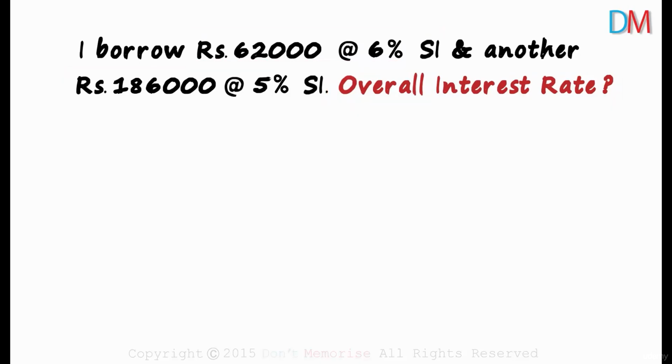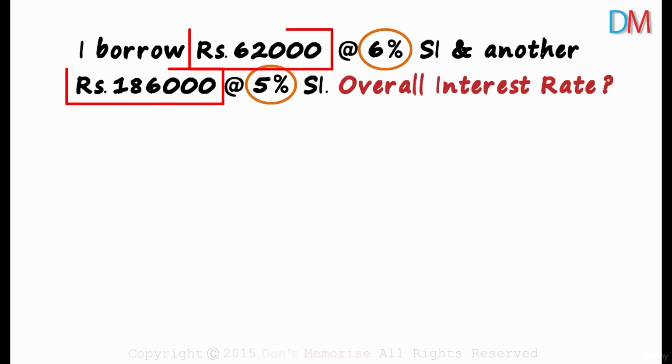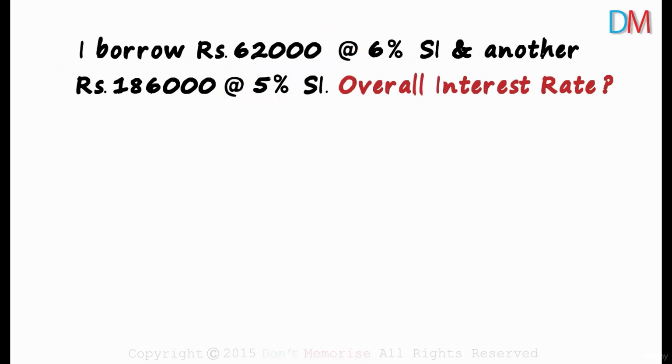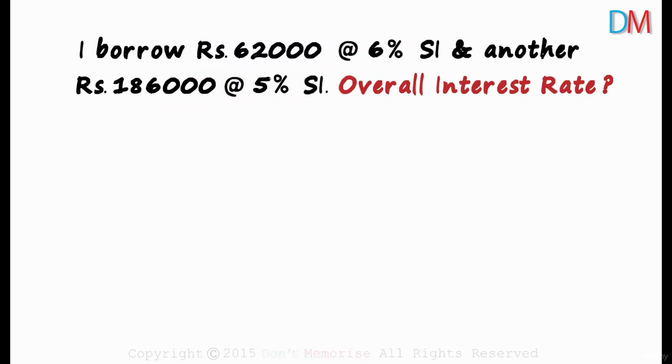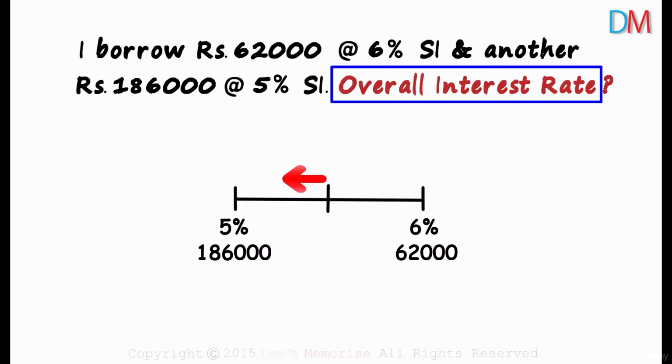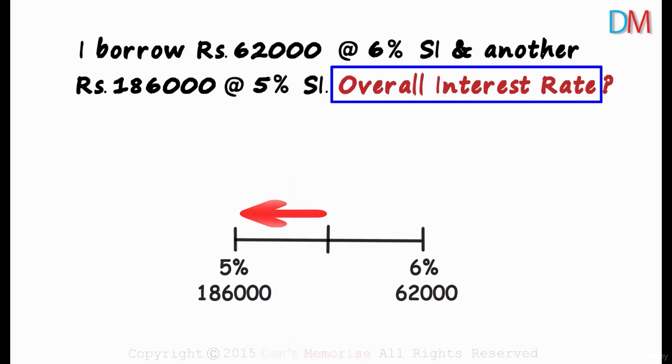Though not specified directly, we can see that it is a weighted average problem. These are the two averages and these are their respective weights. Another thing you should quickly notice is that I have borrowed more money at 5% than what I have borrowed at 6%. It means that the overall interest rate will be closer to 5% and not 6%.